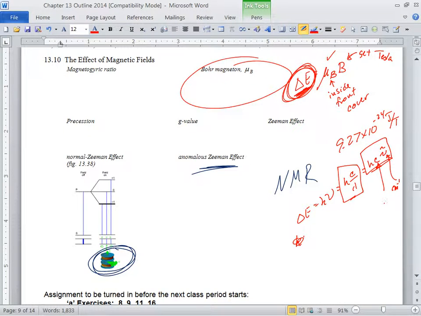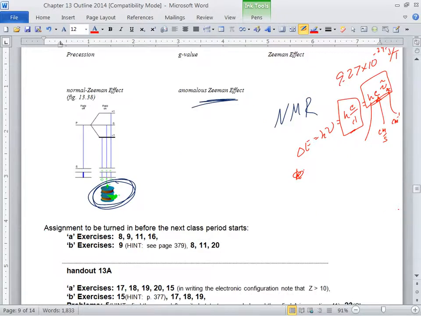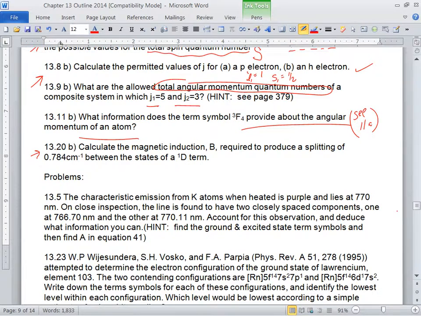Put the speed of light in centimeters per second, and everything is going to work out great. Because h is in, then just leave h alone in its units. Okay, so that's how I would handle that, 20B. Again, what units should you end up with? Teslas. You should end up with Teslas.